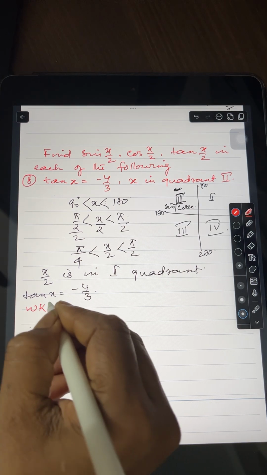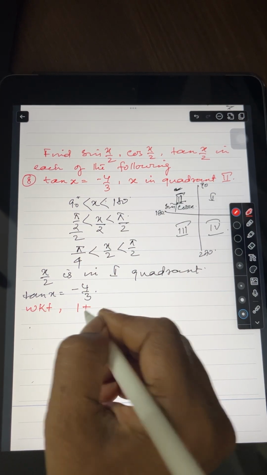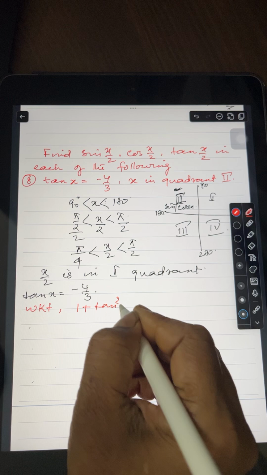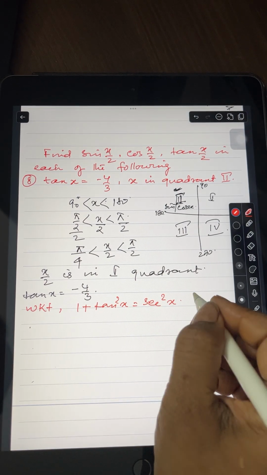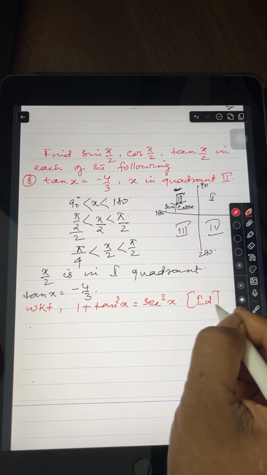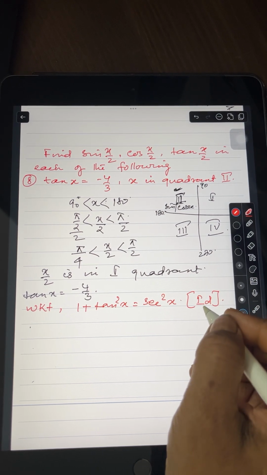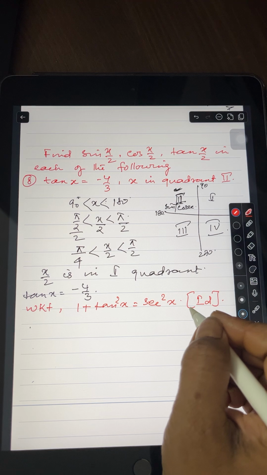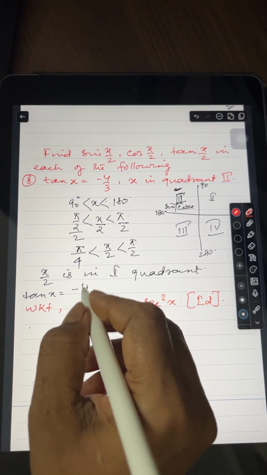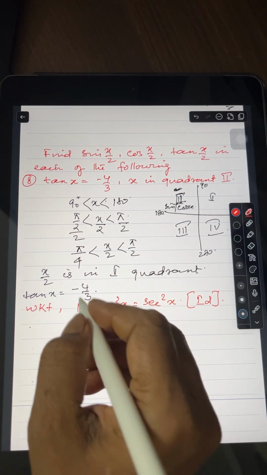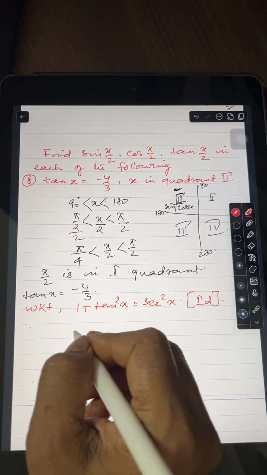we know that 1 plus tan square x is secant square x. This is the identity. You have studied this in class 10. 1 plus tan square x is secant square x. So in place of tan square x, I can substitute this value of tan x.